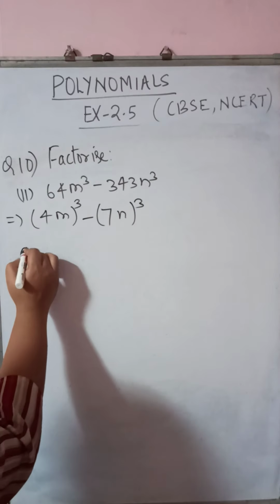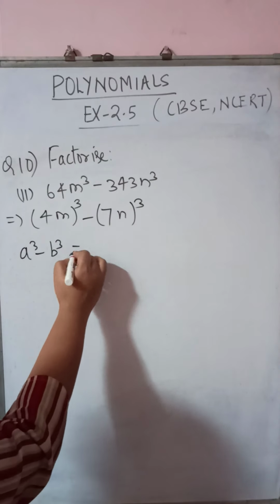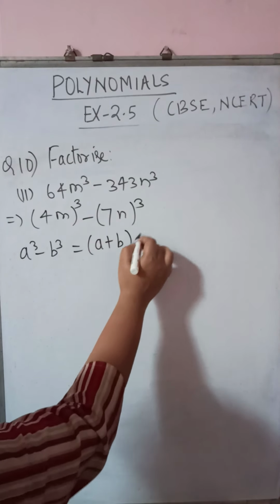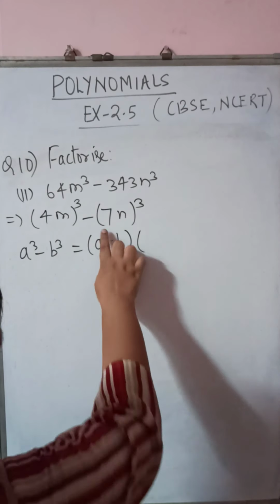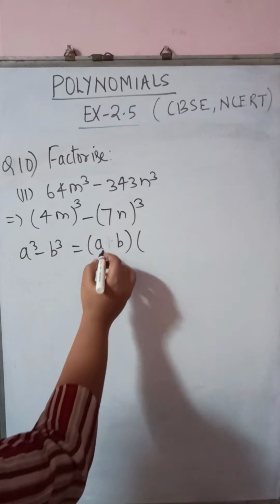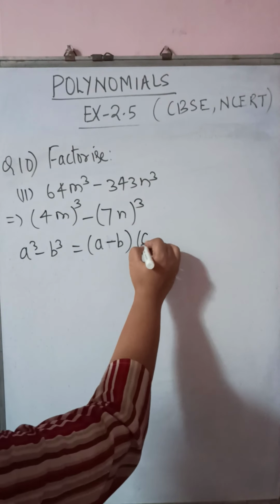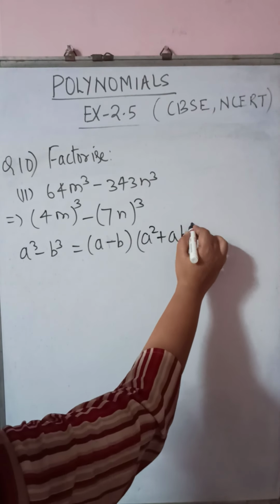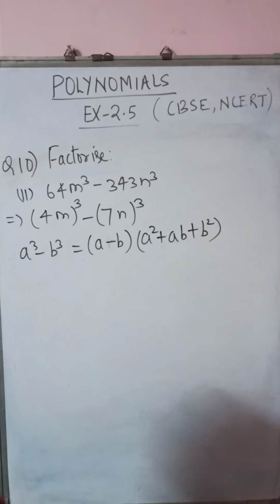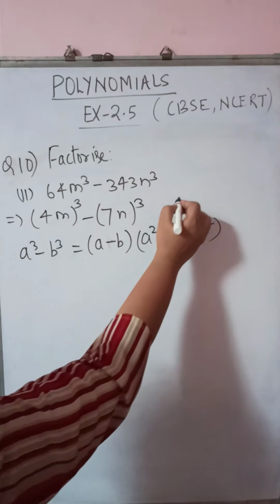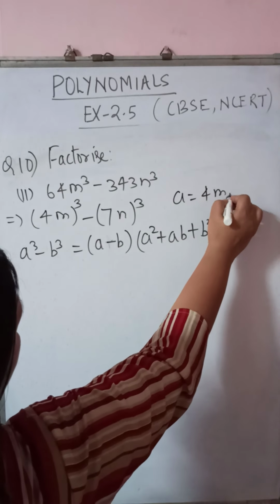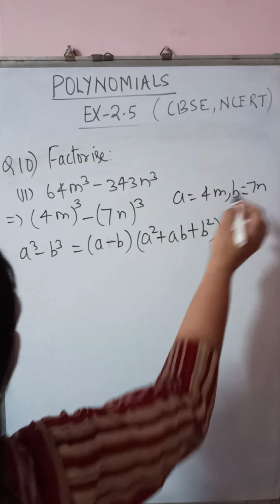Now you know, just now you have proved a cube minus b cube is (a minus b) into (a square plus ab plus b square). Okay, so using this identity, a is 4m and b is 7n.